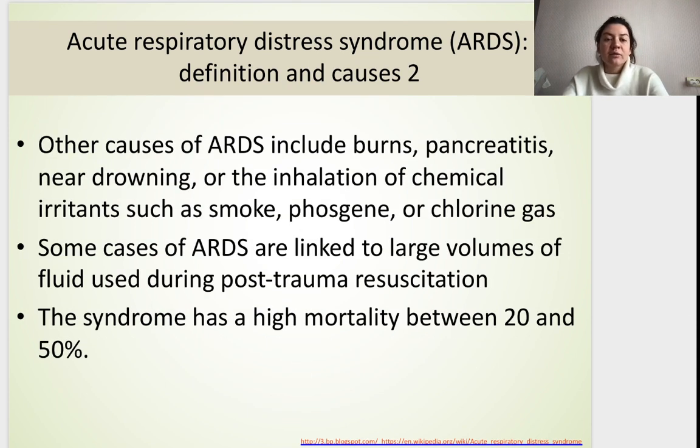Other causes of acute respiratory distress syndrome include burns, pancreatitis, near drowning, and inhalation of chemical irritants such as smoke, phosgene, or chlorine gas. Some cases of ARDS are linked to large volumes of fluid used during post-trauma resuscitation. The syndrome has a high mortality, between 20 and 50%.